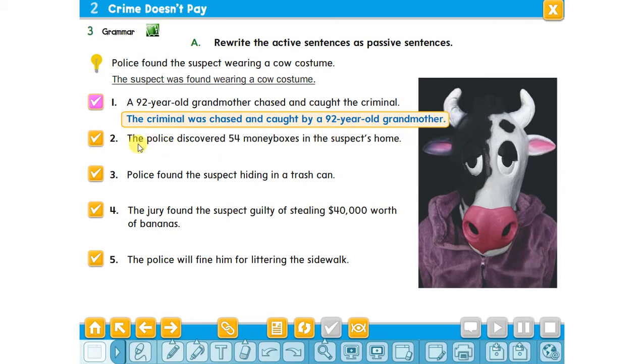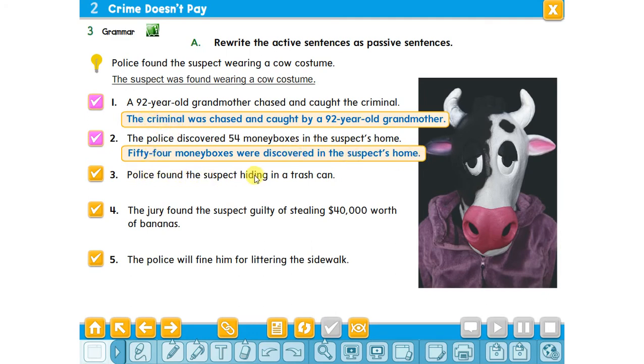The police discovered 54 money boxes in the suspect's home. شو بتصير هون؟ ها؟ ايش هذه؟ هذا المفعول به، و discovered برضه على الماضي، was/were بدها تصير برضه هون. 54 money boxes were discovered in the suspect's home by the police. شوف هون راح حذف البوليس.